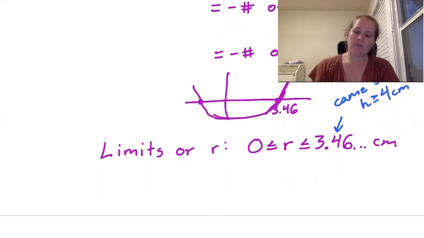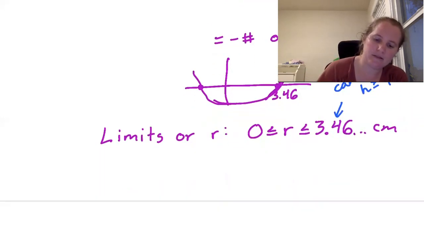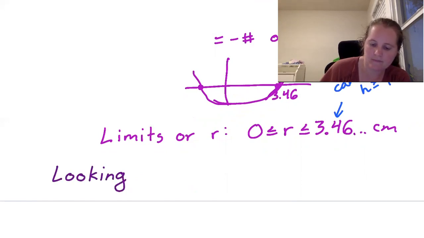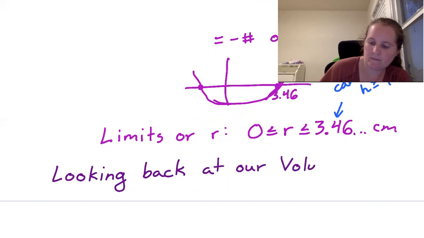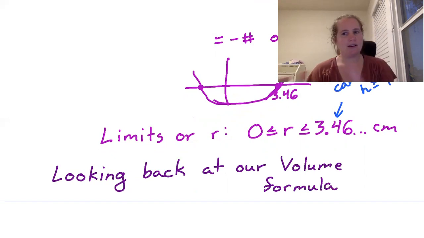So now we're going to go back, looking back at our volume formula. I apologize for the back and forth. These problems are just kind of a lot of back and forth as you're figuring out what you're working with and what your limits are.